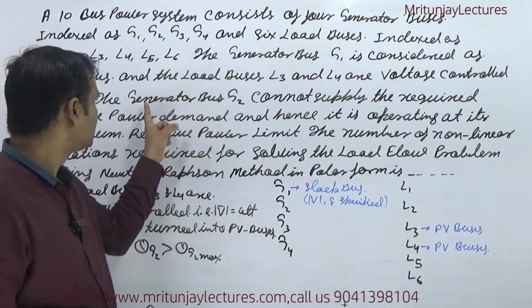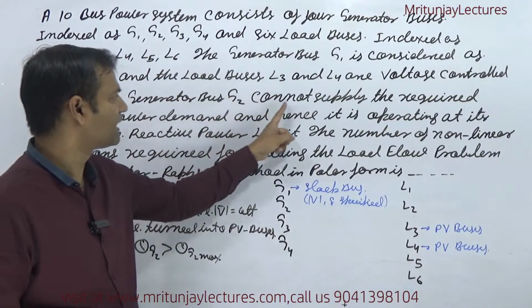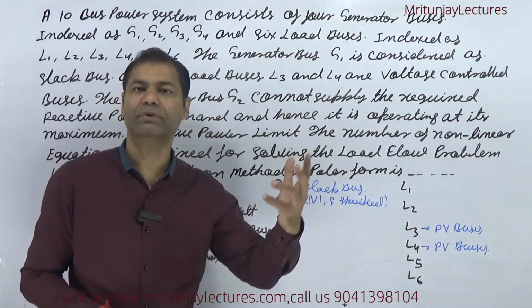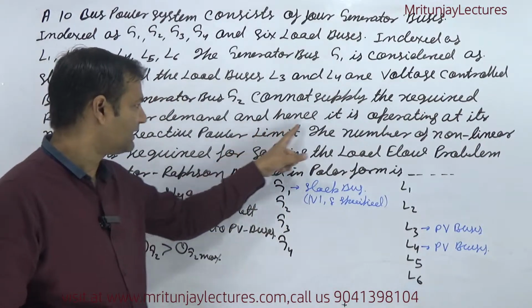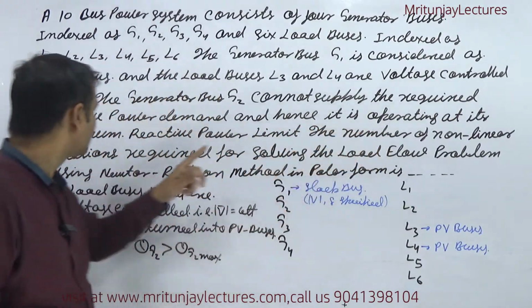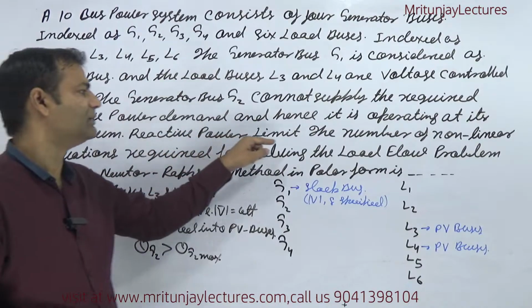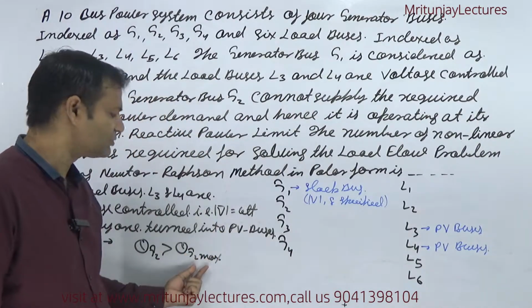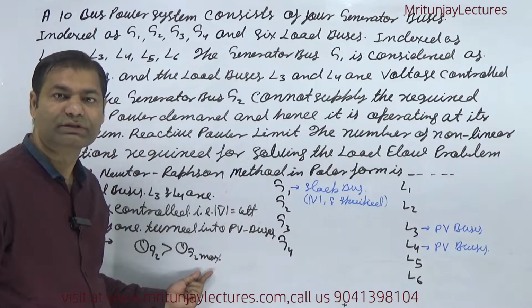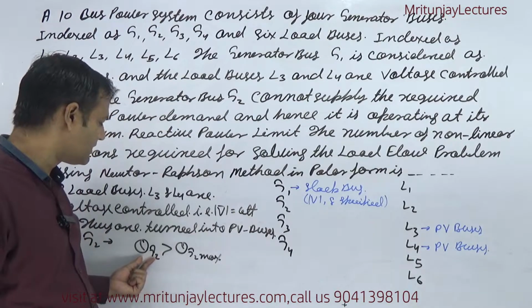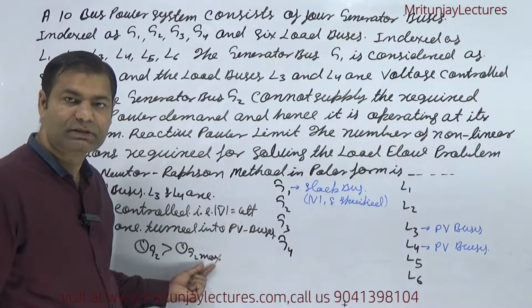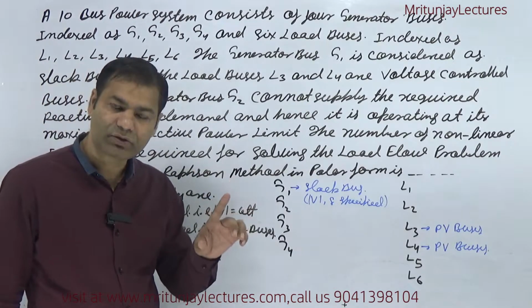According to the question, generator bus G2 cannot supply the required reactive power demand. Suppose the requirement is 5, but it is operating at its maximum reactive power limit, that is 4, or Q2 max. We fulfill only that, so voltage is not constant.